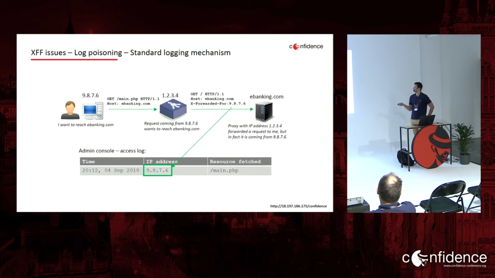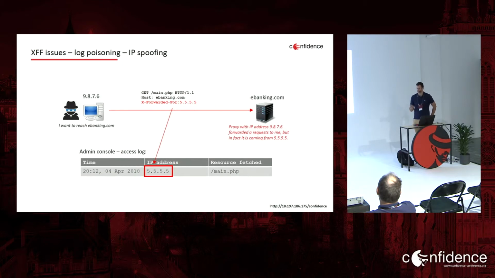And you need to remember that sometimes someone decides to change the network architecture, and they will take that device out of the application architecture. In that case, anytime an attacker sends a request with the X-Forwarded-For header, he will be able to spoof the IP address of all the requests.